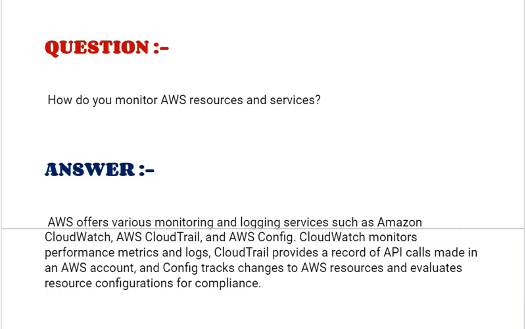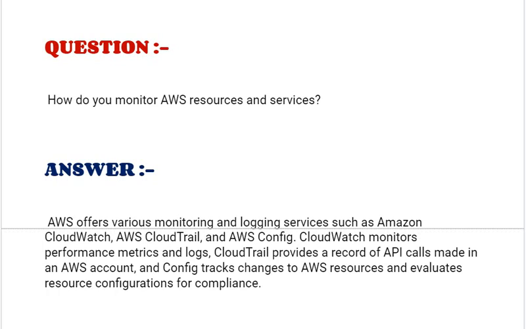Our next interview question is, how do you monitor AWS resources and services? Your answer should be AWS offers various monitoring and logging services such as Amazon CloudWatch, AWS CloudTrail, and AWS Config.